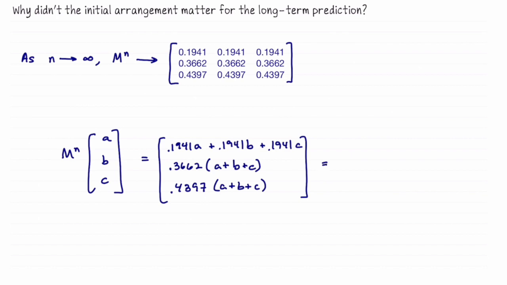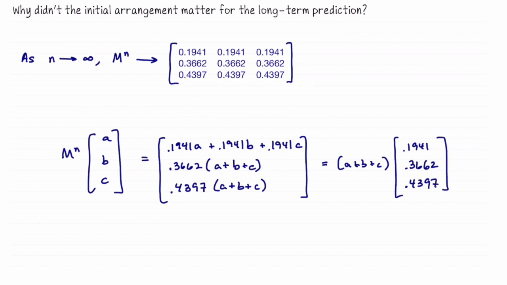Which means that we can actually factor that expression A plus B plus C out in front. And we're just left with that first column, really, 0.1941. Any of the columns, actually, because they're all the same. So 0.3662 and 0.4397.